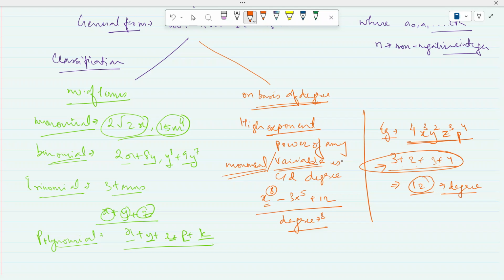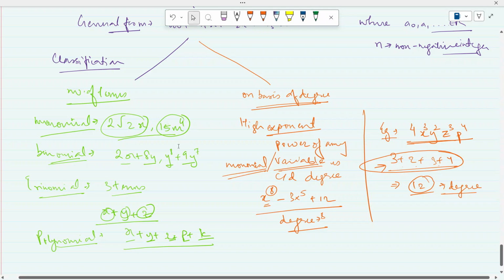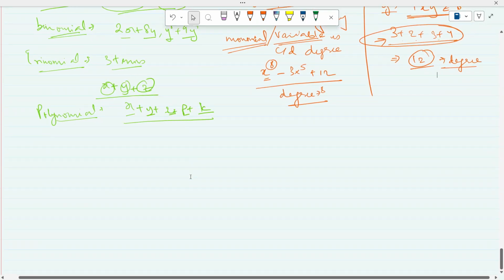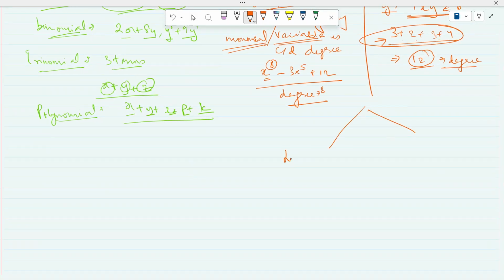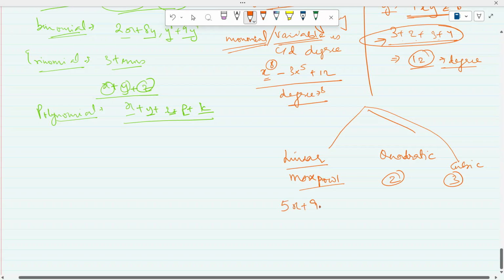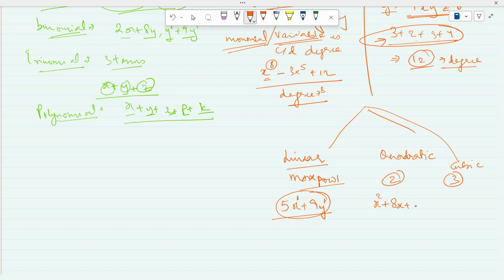So the two types of classification are understood. Next, we can have further classification: a linear polynomial, a quadratic polynomial, or a cubic. For linear the maximum power is 1, for quadratic it is 2, and similarly 3 for cubic. For example, linear is like 5x + 9y, so the maximum power is 1. Quadratic is like x² + 8x + 12, so the maximum power is 2.